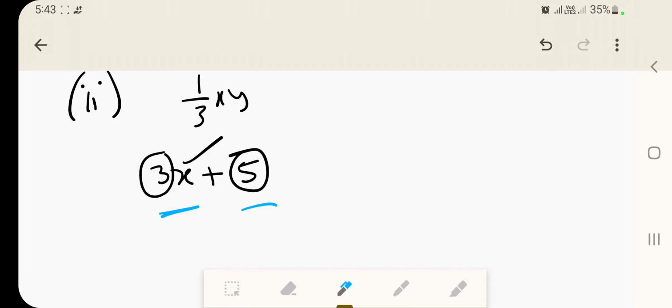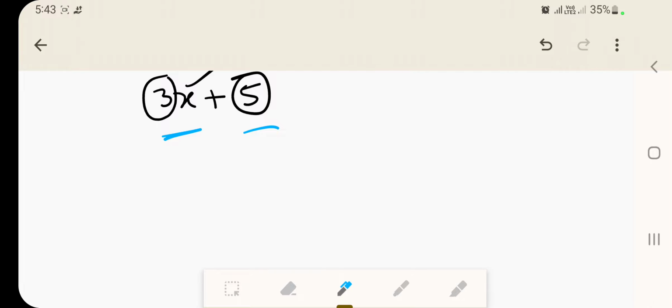I'll write the definition of what an expression is. So 3x is called a term, and the constant 5 is also a term.